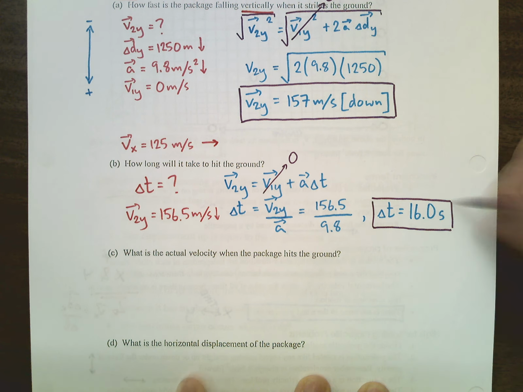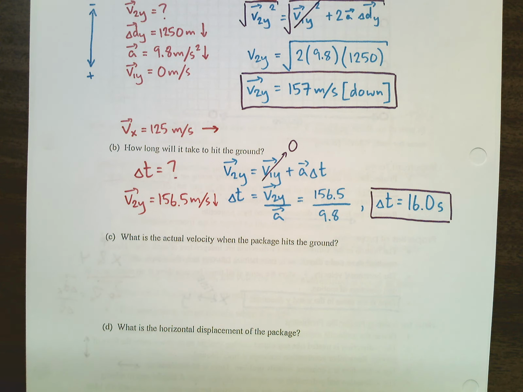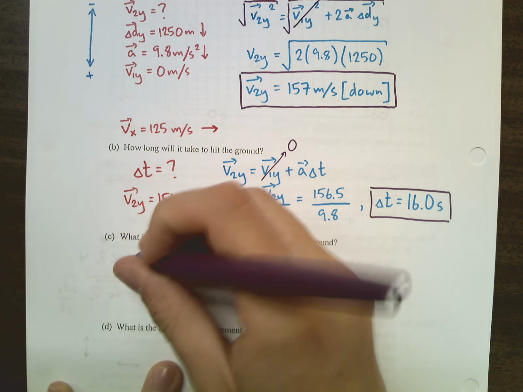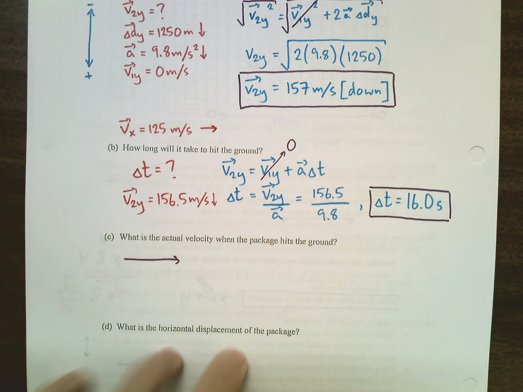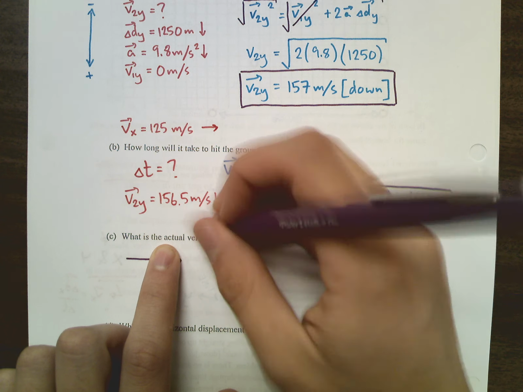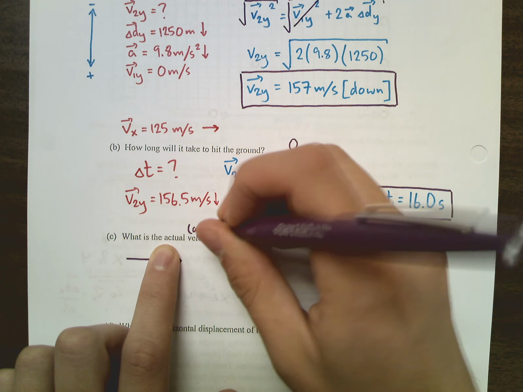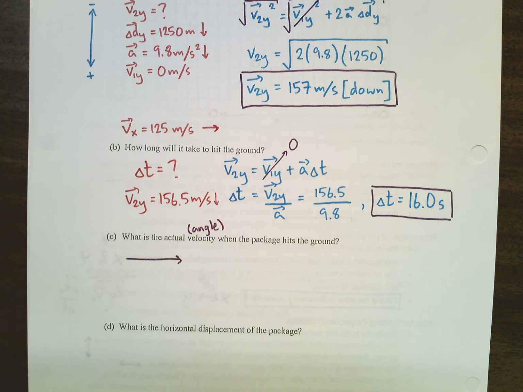Now, what does our part C ask? What is the actual velocity when the package hits the ground? So now we need to combine our X and Y components. Actual velocity basically just means give me the full angle, right? And the hypotenuse. We're using the angle velocity.